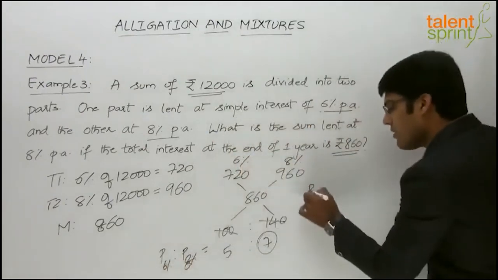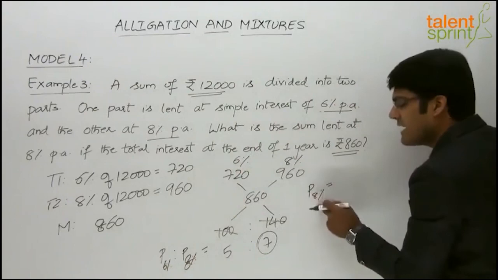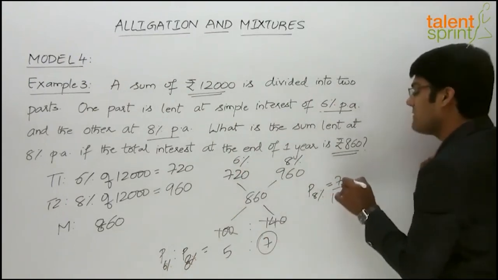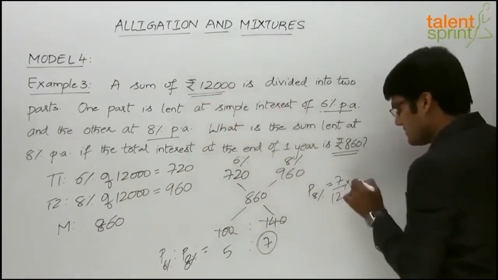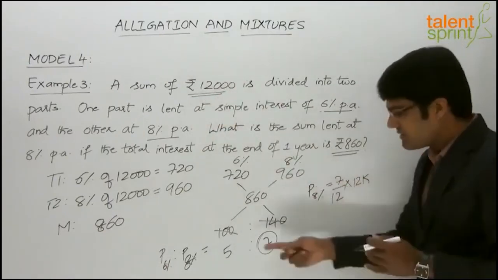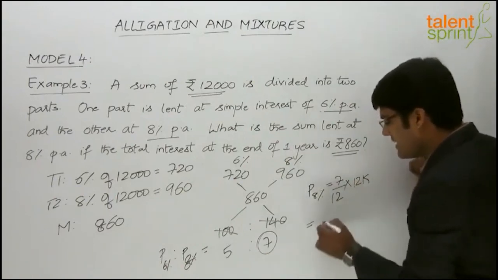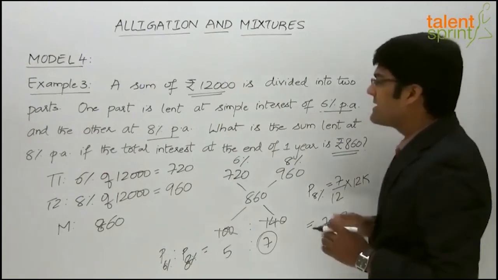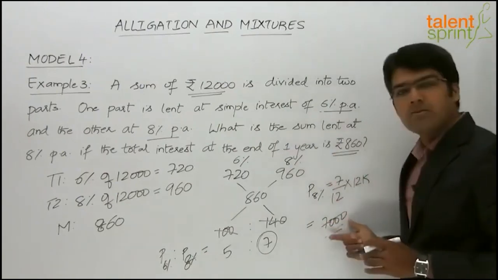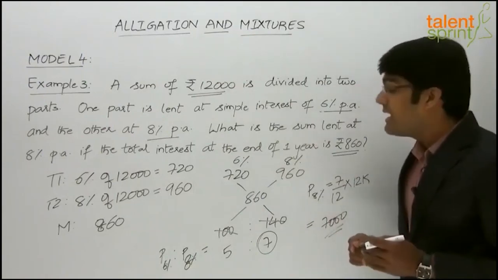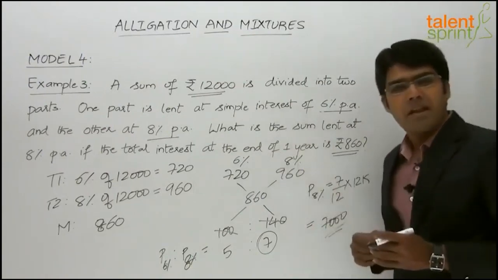So the principal amount which has been invested at 8% per annum is 7 parts out of total 7 plus 5, 12 parts, into the total amount 12,000, because that 12,000 actually has been divided into the ratio of 5:7. So this comes out to be 7,000. So we can say that the amount which has been invested at 8% per annum is 7,000, and the rest of the amount, 12,000 minus 7,000, that is equal to 5,000, has been invested at 6% per annum.